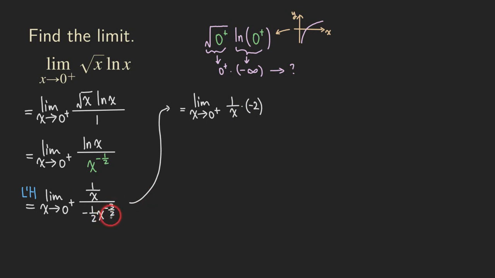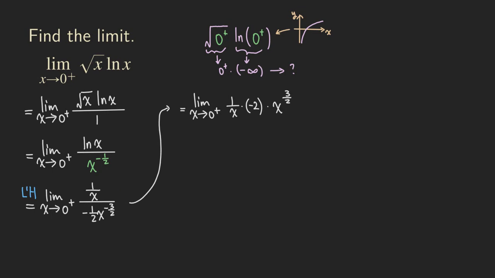Okay, so now it becomes negative 2 here. And this thing is also the same situation here. You have a negative exponent in this factor. And what happens is that if you move it to the top of the fraction, then you are going to remove this negative sign due to taking the reciprocal of this quantity. And so we are just going to get x to the positive 3 over 2.